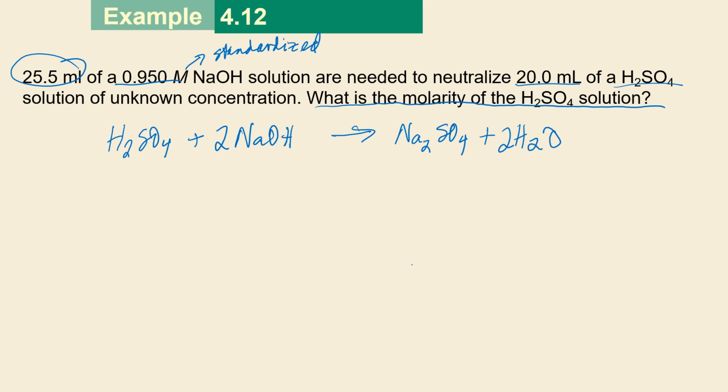Okay, now one thing that we're given is that we have 0.950 mole per liter of NaOH, and we know to reach the equivalence point, we dispensed 25.5 mL. I'm just going to make a quick conversion of that to liters.